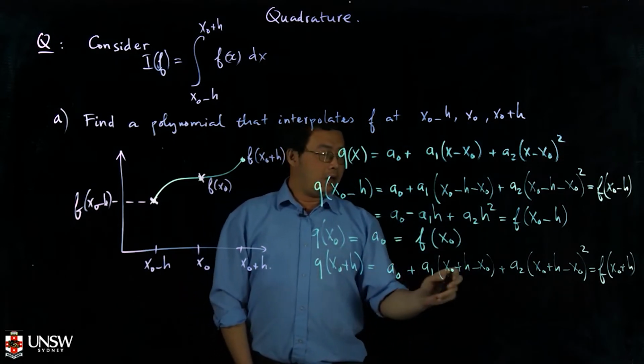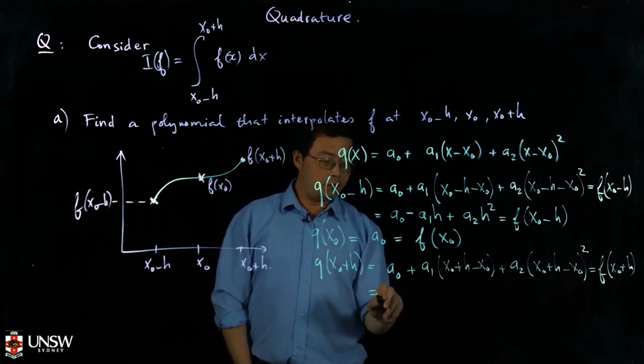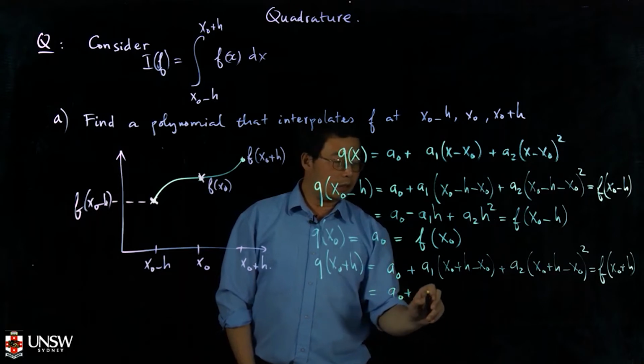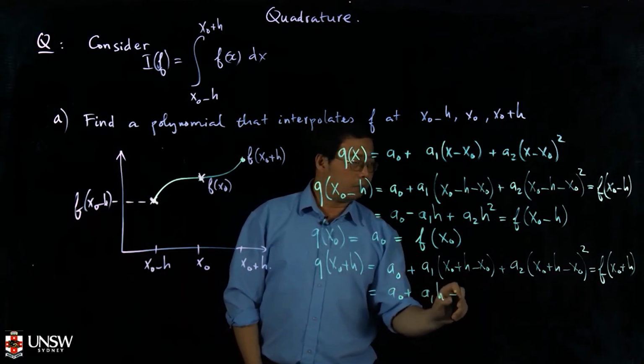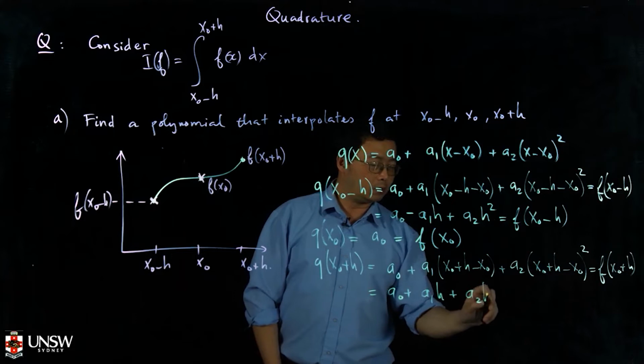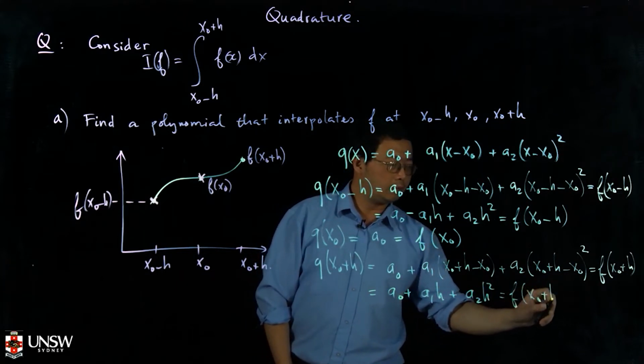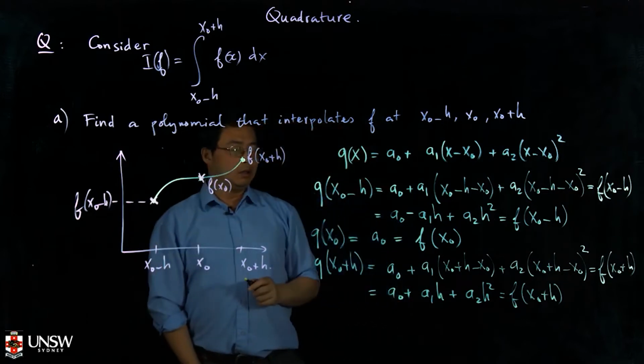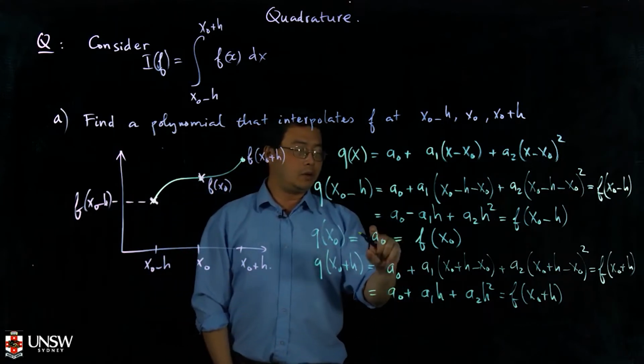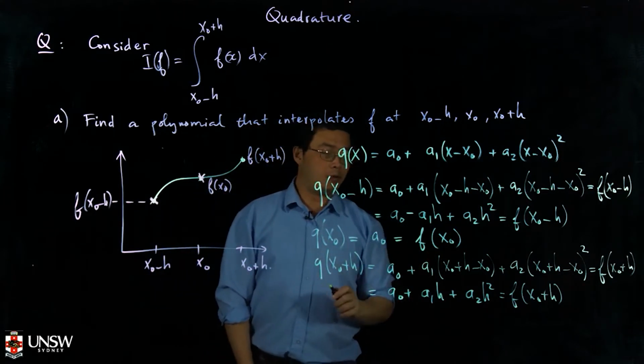We simplify the x0, then you have a0 plus a1h plus a2h squared equal to f of x0 plus h. And you can see that we don't have to find a0 because a0 just equals f of x0.